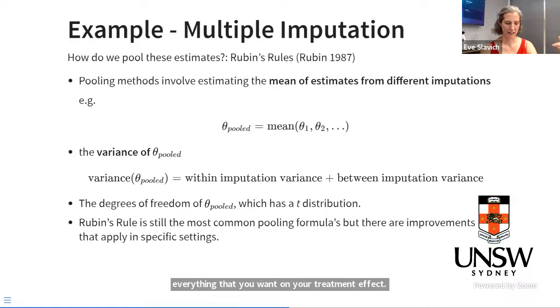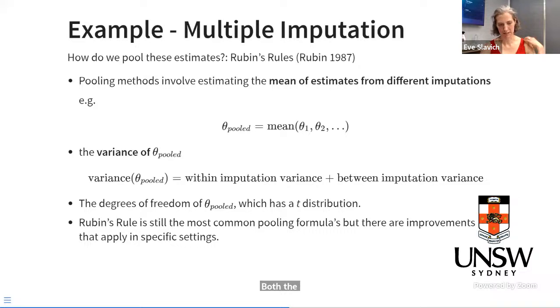I just want you to know that there are other specific settings when people do things differently to Rubin's rules, but it's all along the lines of this idea of pooling both the mean and then calculating the variance of the pooled estimate.